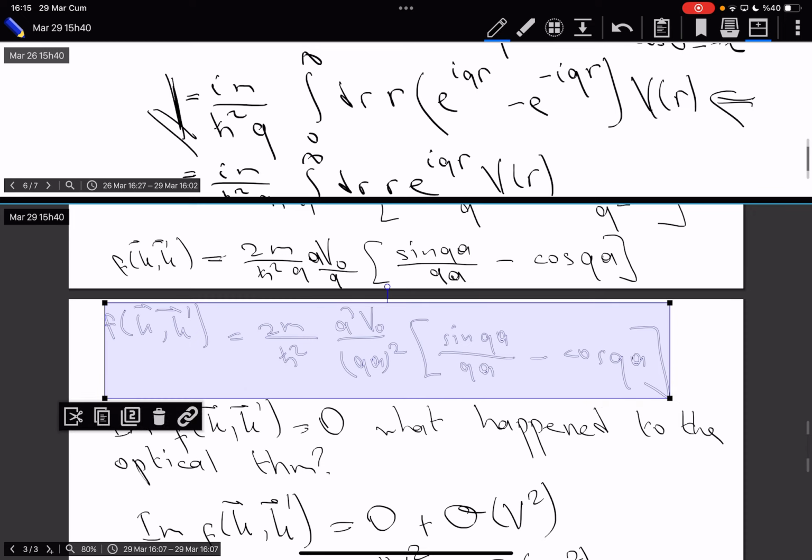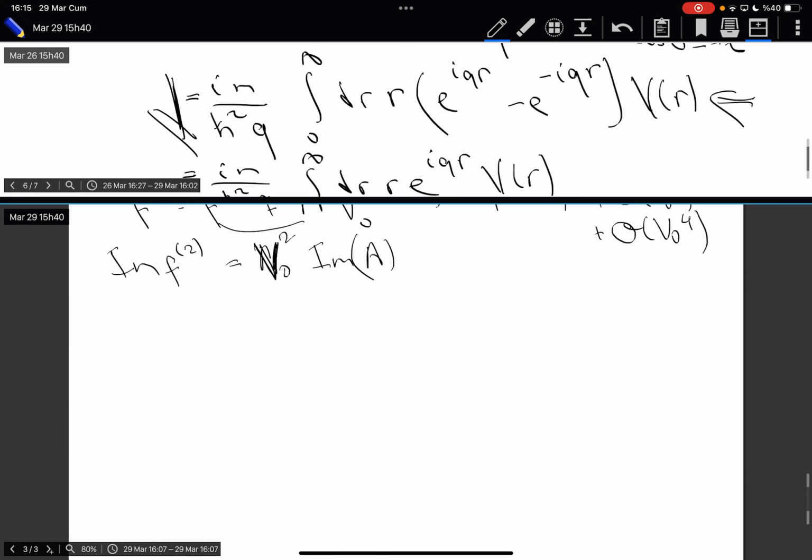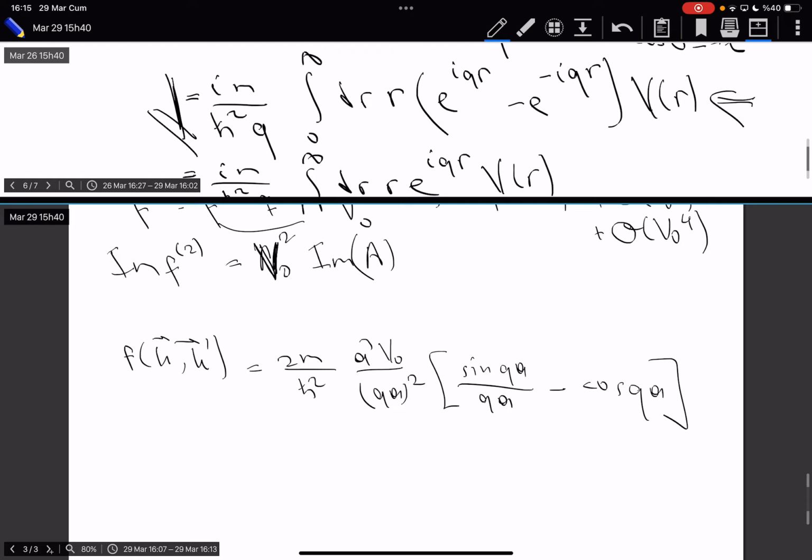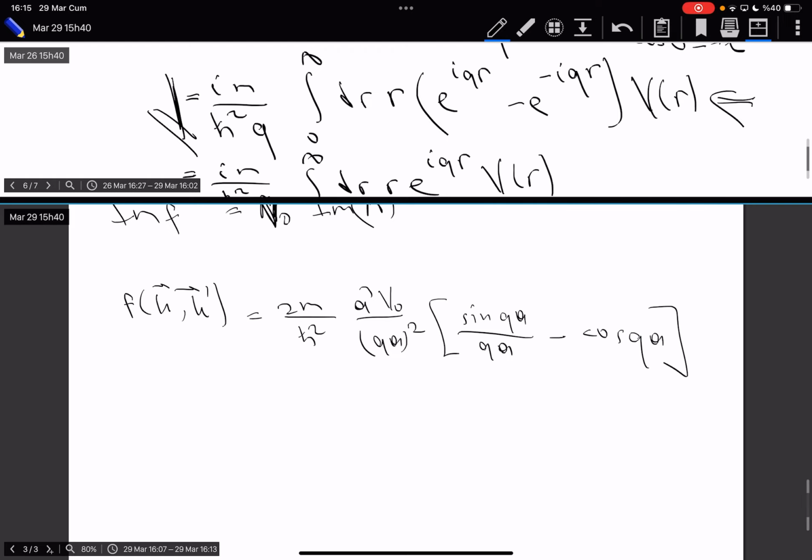Let me look at this function. Okay. Well, this function is not exactly 0. But you see, if QA is somehow large, which can be if you send an energetic particle, for example, then the first term is negligible, and this is just cosine QA. But cosine QA has infinitely many zeros.